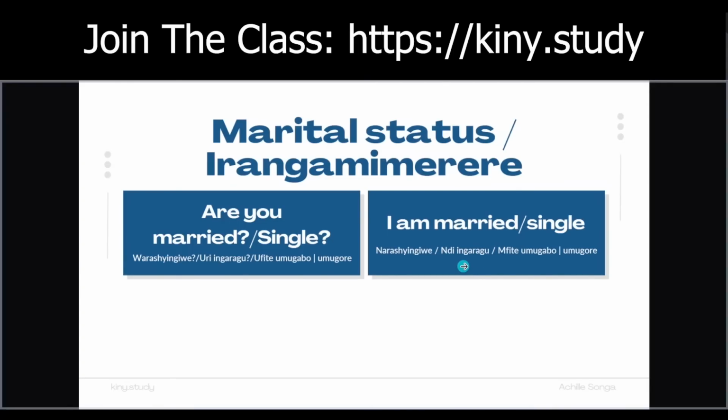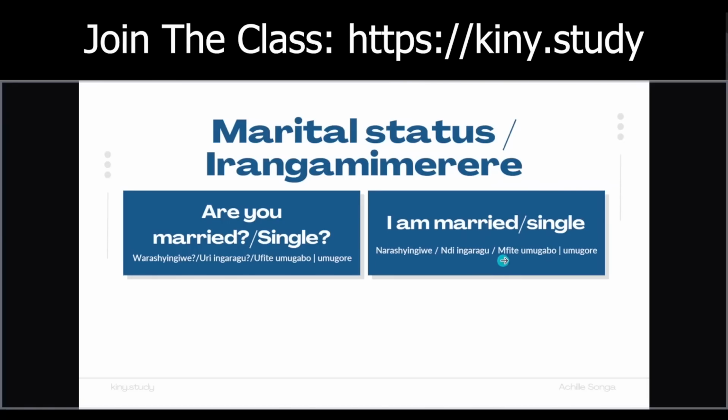I saw some people add this on their CV. They say single. So if you are trying to write your CV in Kinyarwanda, you can say ndi ingaragu, or on the marital status in Kinyarwanda they will add ingaragu, and then you can tick on that one if you are trying to say that you are single.